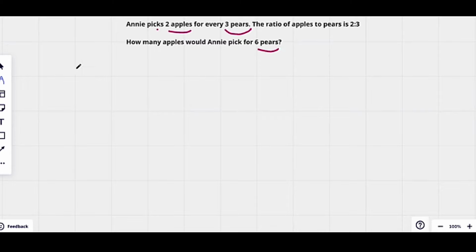Okay, so essentially what we're trying to find out is how many apples we need. So if we said that we have right now 2 apples to 3 pears, that means 2 represents the apples and 3 represents the pears. What we're saying is we're missing something here when we have 6 pears.